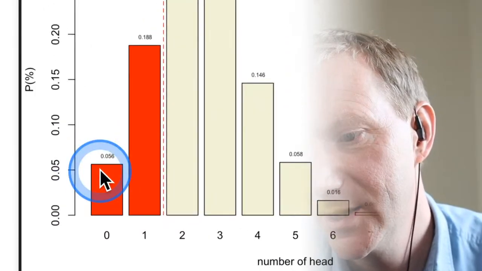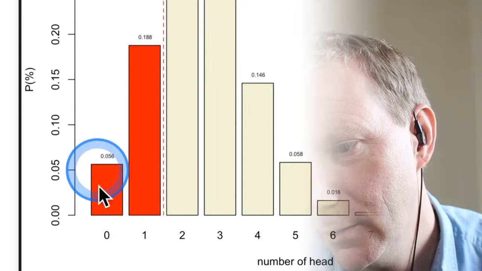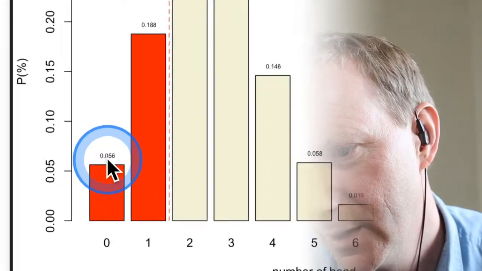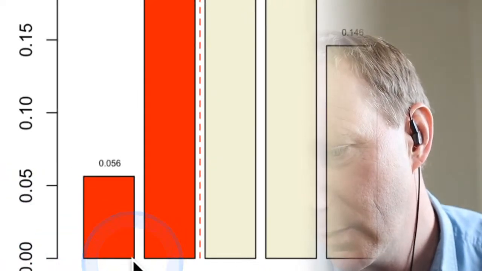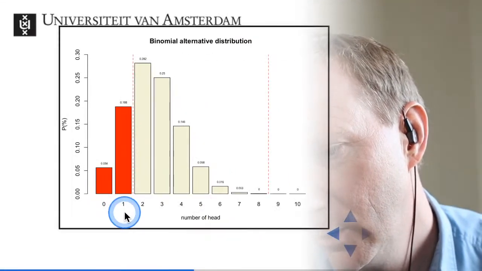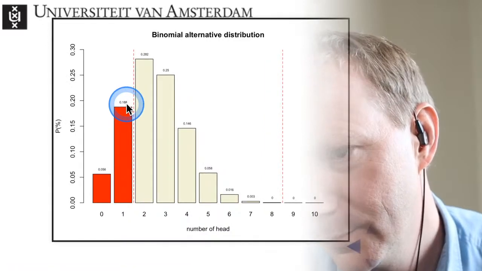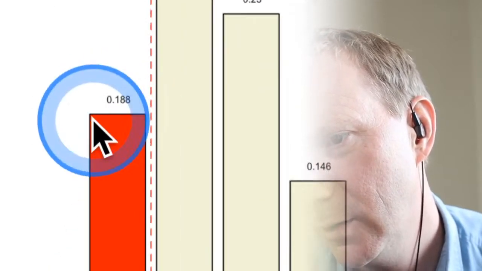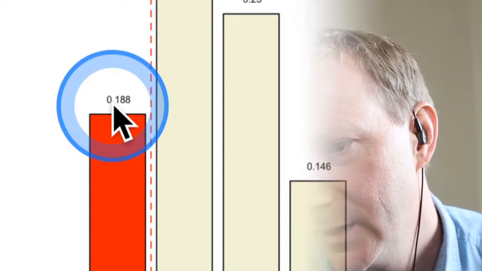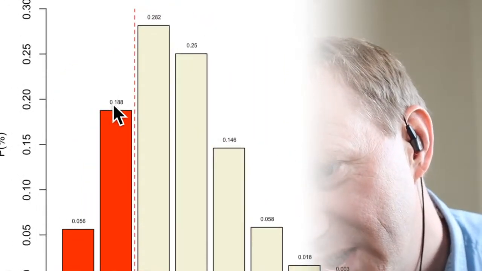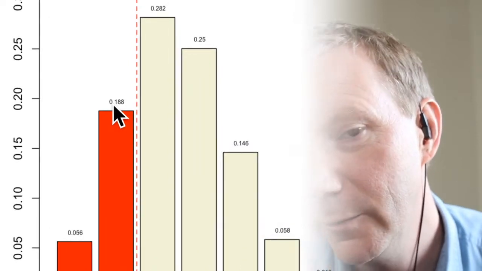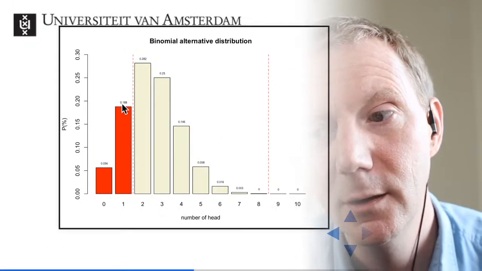Exactly. So it's the probability of throwing 0, that is 0.056, plus the probability of throwing 1, which is this one, 0.188. So we have about 24% probability of this.